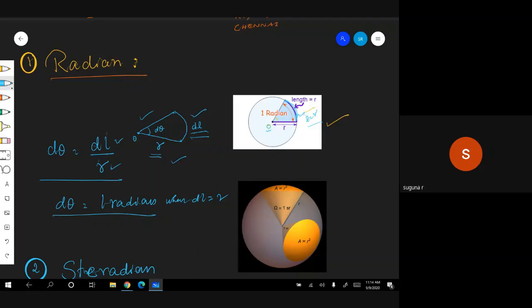Plane means 2D; a 2D angle is a plane angle. A 3D angle is a solid angle. For a plane angle, the unit is radian. Are you following? Radian is an SI unit.